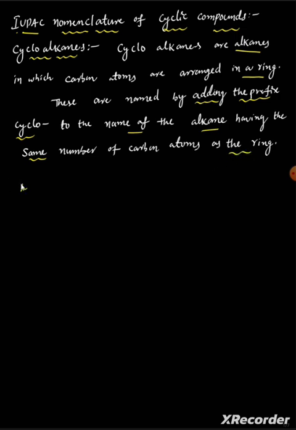Here are examples: cyclopropane. Prop means a 3-membered carbon chain. It is in the form of a cycle. Here CH2, CH2, CH2.